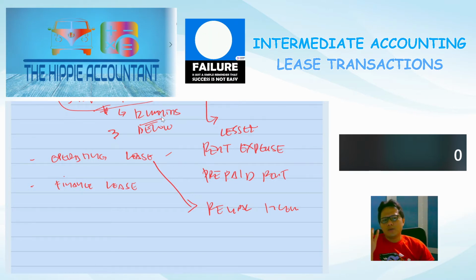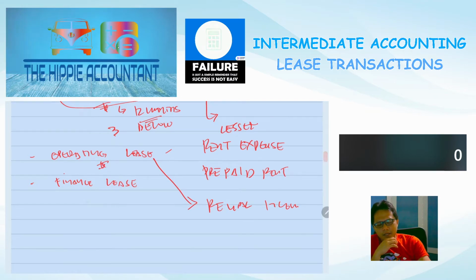Or kung you receive cash in advance for a future rent, debit cash, credit prepaid rent. So, yun yung common. Medyo madali lang talaga pag sinabi natin na operating lease.